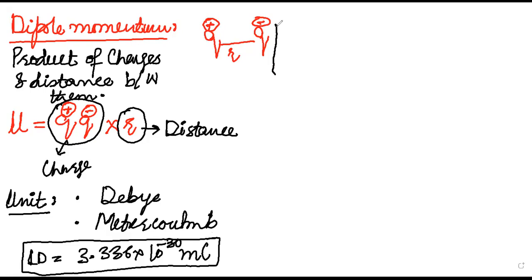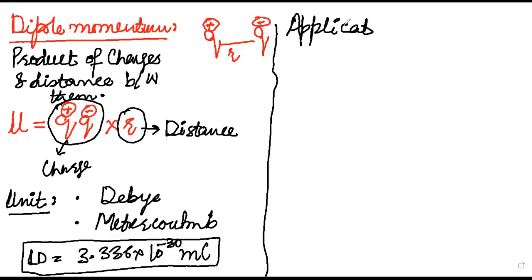Furthermore, we can look at the further area of dipole moment: the applications of dipole moment.